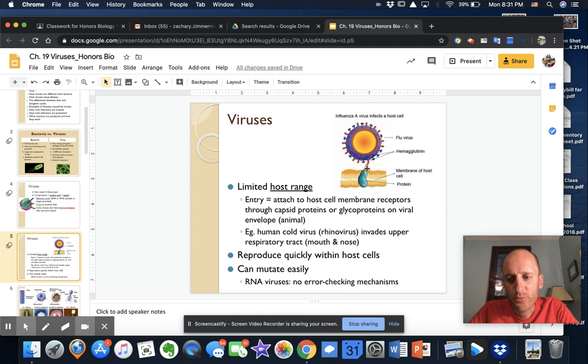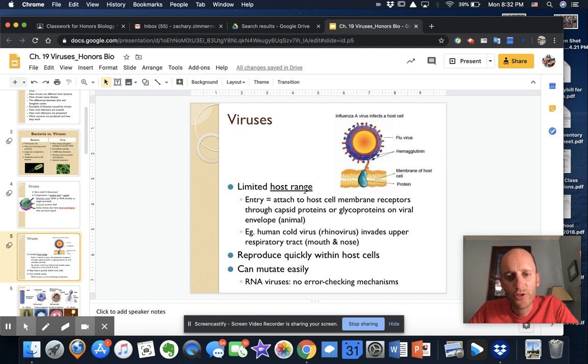Now, that receptor is probably used for other purposes. Maybe it's used for interacting with other cells in favorable ways that help a multicellular organism. But unfortunately, sometimes those receptors might also have a high affinity or chemical attraction to certain viral proteins. And so this protein is called a hemagglutinin.